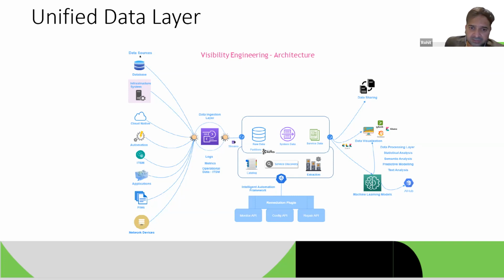And then you have the service discovery with the plugins of monitoring API, config, and repair API for the automation, obviously, in the system. Machine learning models can be built by anybody who wants to make ML-based models using this unified setup. Obviously, we use Kafka for the entire streaming, data sharing and data visualization processes.